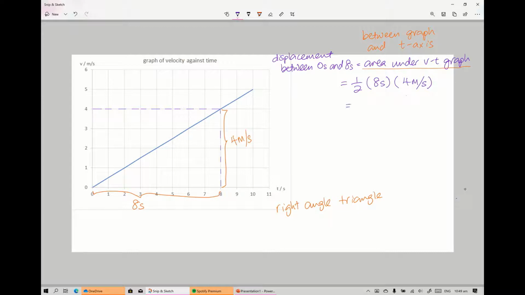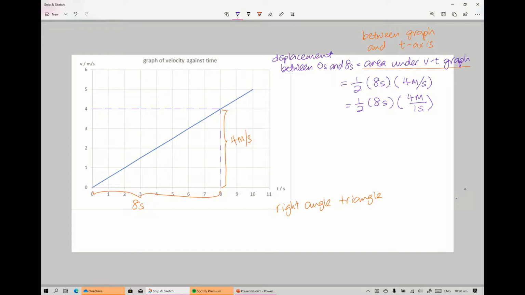I write this out just to show you how the unit is derived.